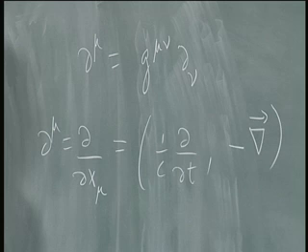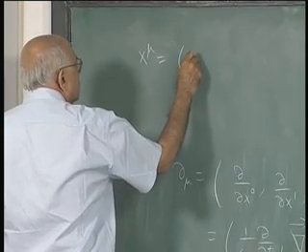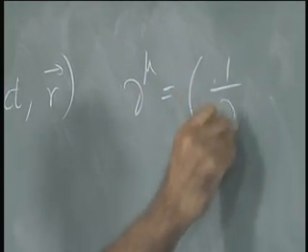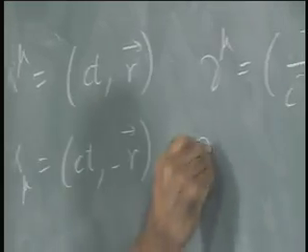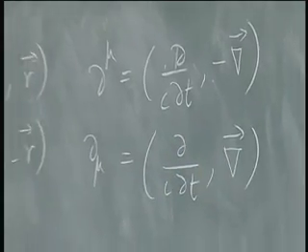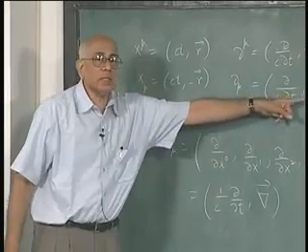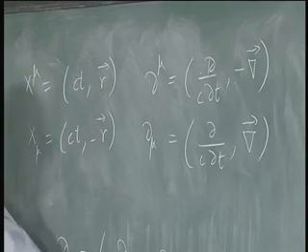Contrast this: x^μ equals (ct, r), or ∂^μ equals ((1/c)∂/∂t, −∇). But x_μ downstairs is (ct, −r), and ∂_μ downstairs is ((1/c)∂/∂t, +∇). So this you have to remember, that ∂_μ if put downstairs has a plus ∇, whereas x^μ if put downstairs has a minus r, and it is inverted there, and this is obvious because of what I showed you, namely ∂x/∂x is plus 1 by definition.